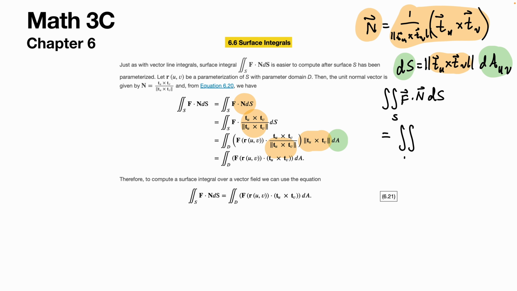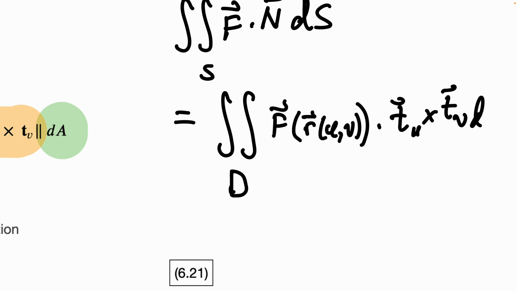In the parameter domain, that's nice and flat, you look at the vector field as originating from the parameter domain, and you dot that with the vector given by the cross product of the two tangent vectors, and you integrate away in the flat space.